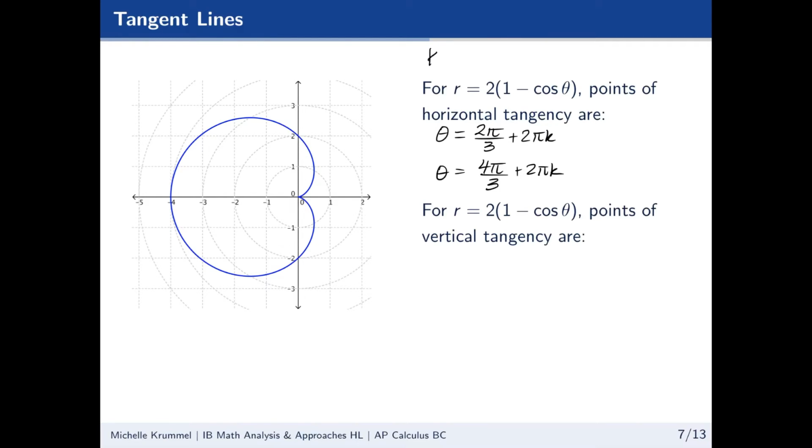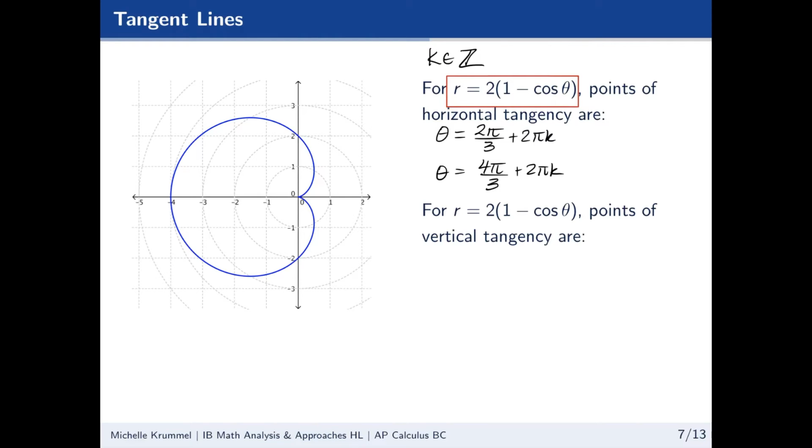And we'll just say up here, k is any integer. Now we're asked for points of horizontal tangency, and points means coordinates of those points. So we would substitute our theta values into our equation for r.